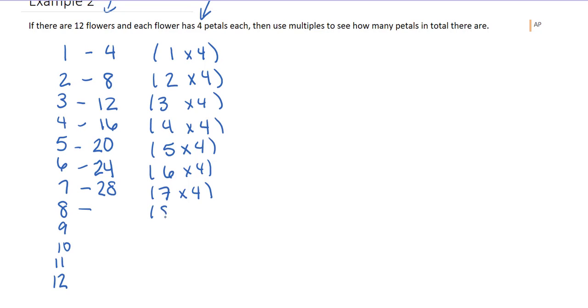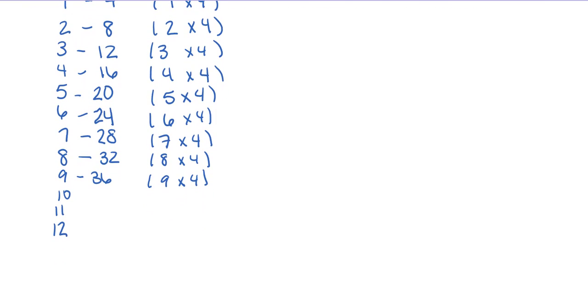And then 8 times 4 is 32. And then 9 times 4 is 36. See how we're just adding 4 on this column, and we're showing the multiplication on how it works out.